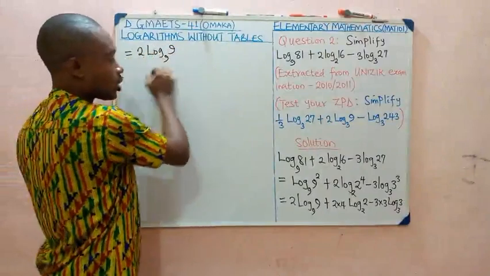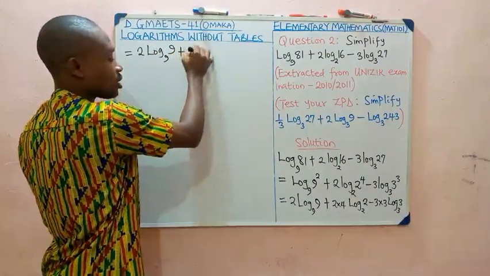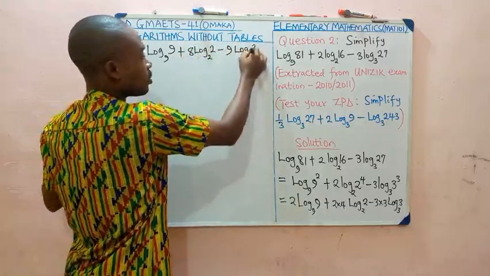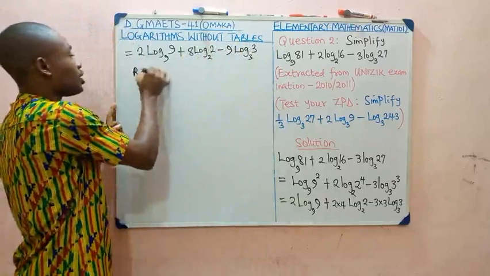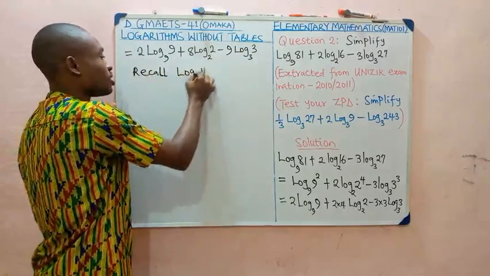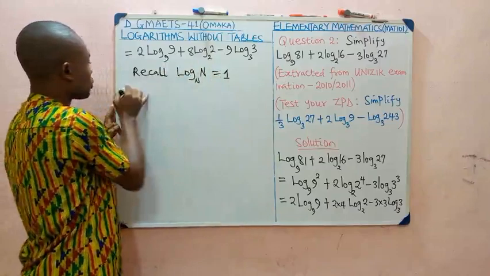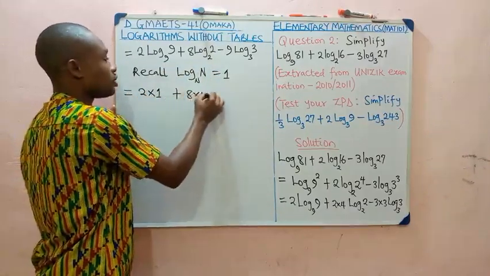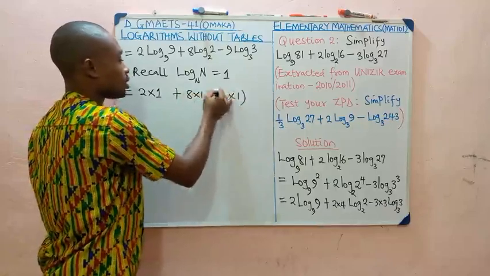We're going to get 2 log 9 base 9 plus 8 log 2 base 2, then minus 9 log 3 base 3. So we're going to recall at this point that the log of any number to its own base is equal to 1. So this will now give us 2 times 1 plus 8 times 1 minus 9 times 1.